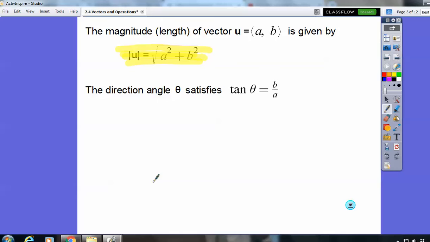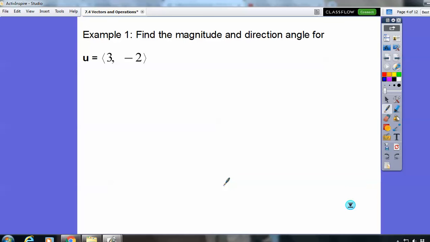The direction angle. This is something probably new. Even if you have talked about vectors before, you may not have seen this part of it. When I talk about the direction angle, tangent of theta is equal to b over a. So those are the two big pieces that we're going to be looking at. Let's take an example. I want magnitude and direction for this.